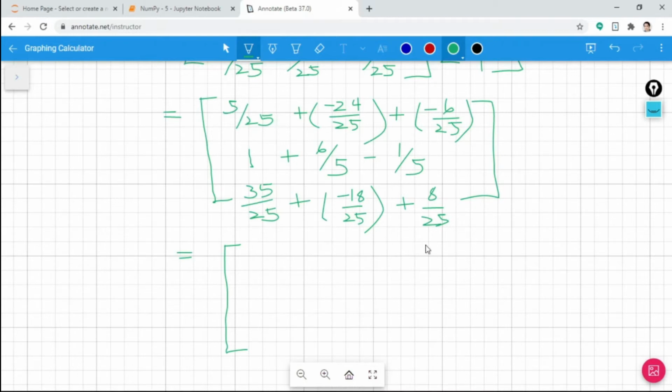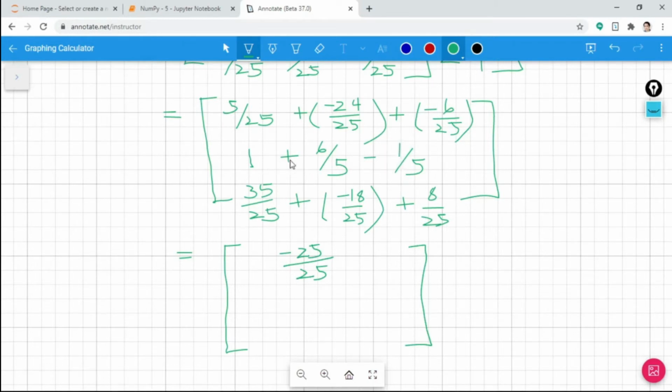So negative 25, let me write this one. So negative 25, so we got over 25. So no problem there. So we got this one, so 6 minus 1 is 5. So 5 over 5 is 1.